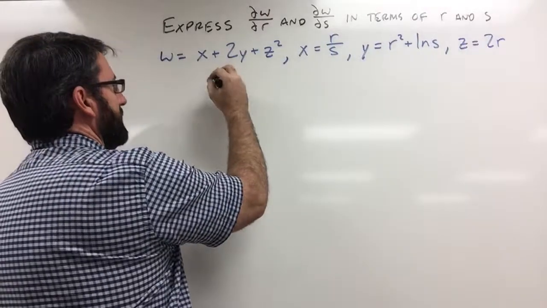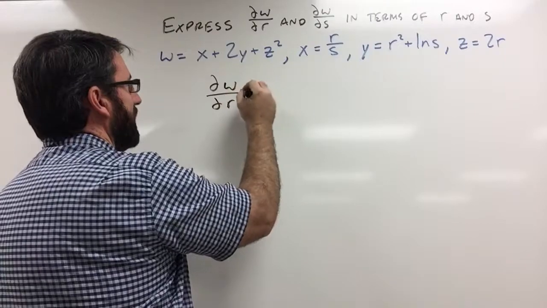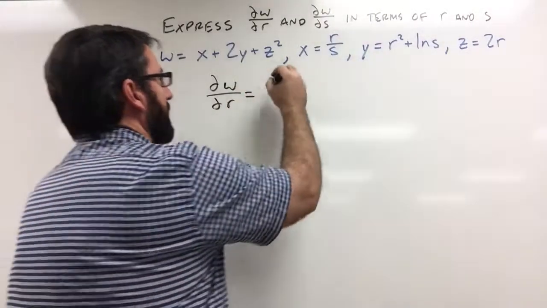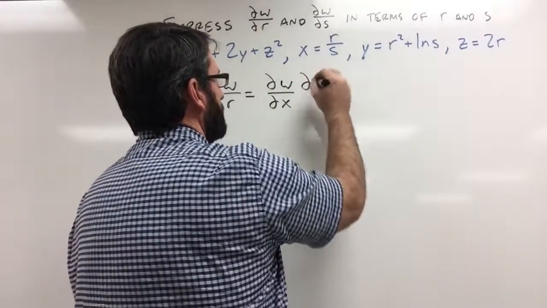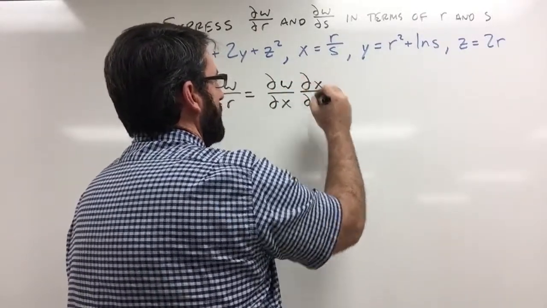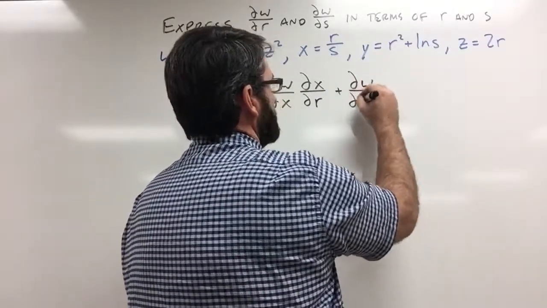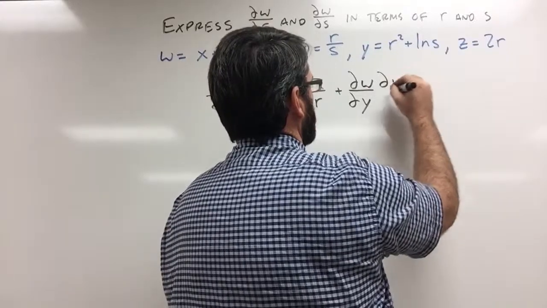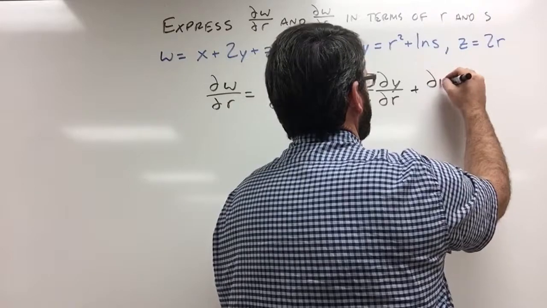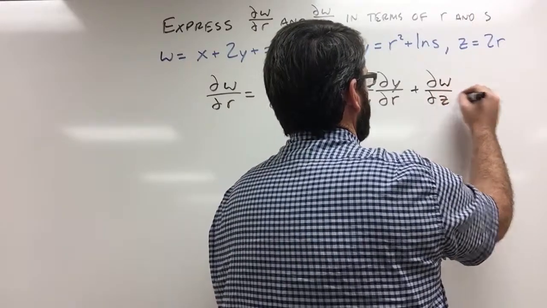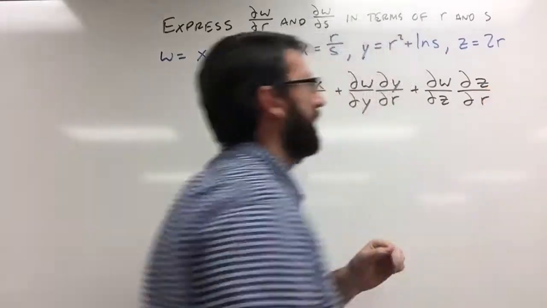And the equation for the partial derivative of w with respect to r is going to be the partial derivative of w with respect to x times the partial derivative of x with respect to r plus the partial derivative of w with respect to y times the partial derivative of y with respect to r plus the partial derivative of w with respect to z times the partial derivative of z with respect to r.